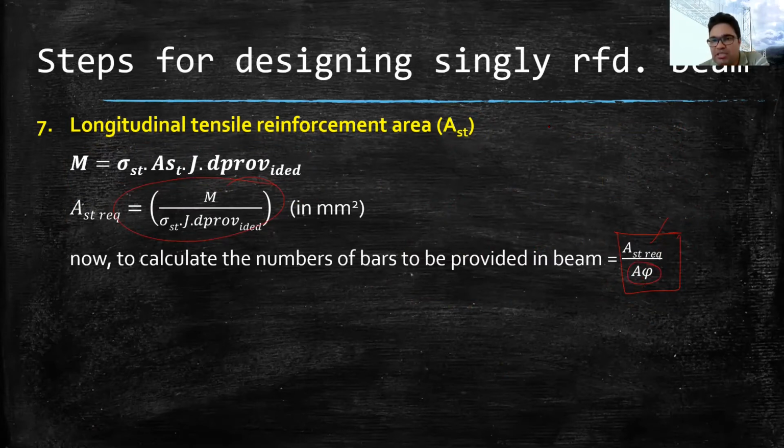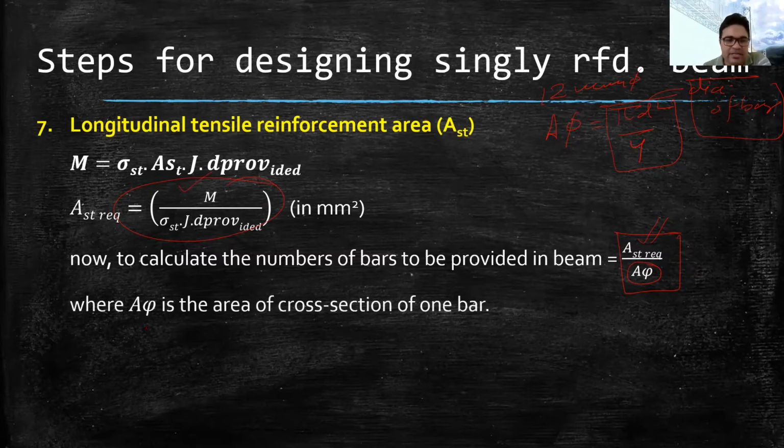The area of cross section of one bar will be pi d square by 4, where d is the diameter of the bar. The diameter of the bar we have already assumed in step 2 while calculating the effective cover. For example, if we have assumed 12 mm diameter, we put 12 squared. This is how we find the area of cross section of one bar, and then dividing the required AST by it, we will be able to find the number of bars.